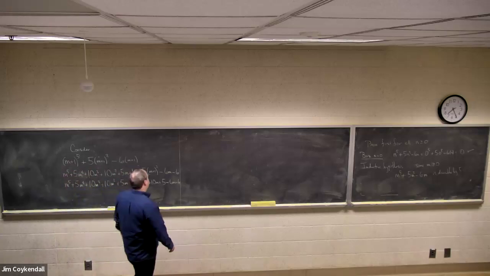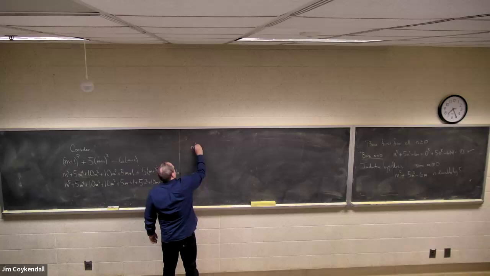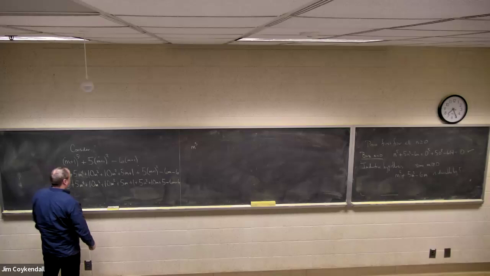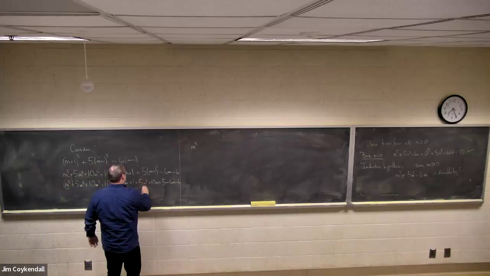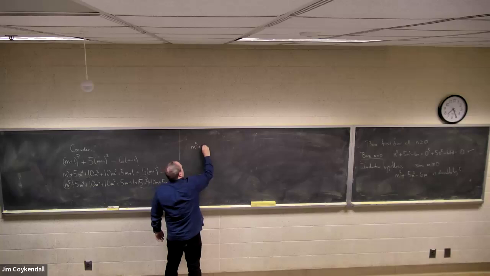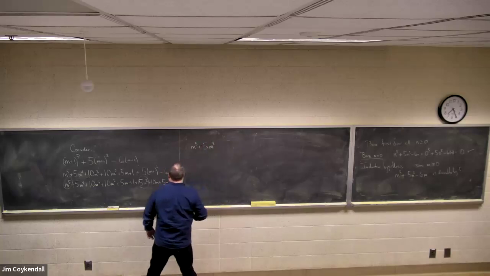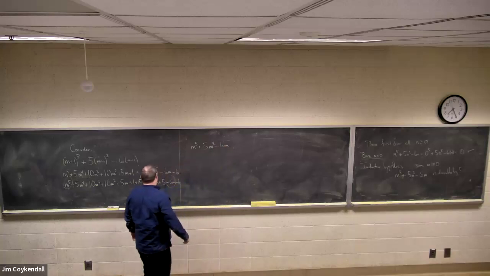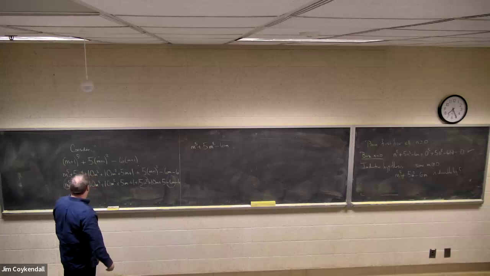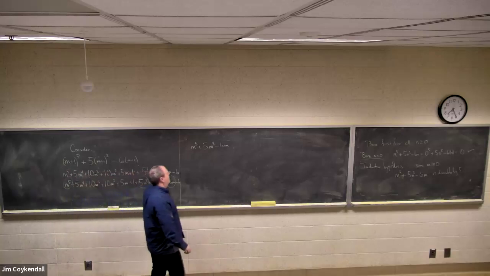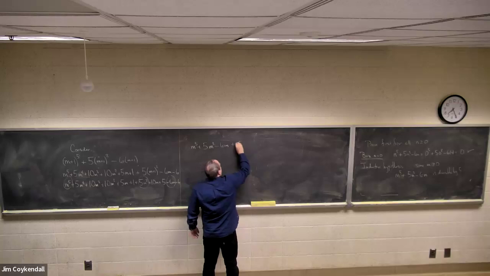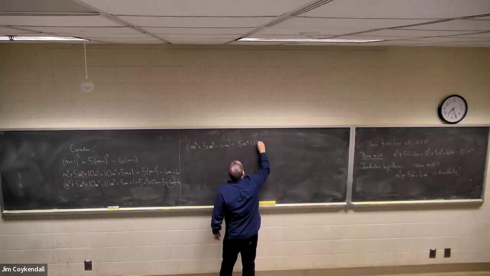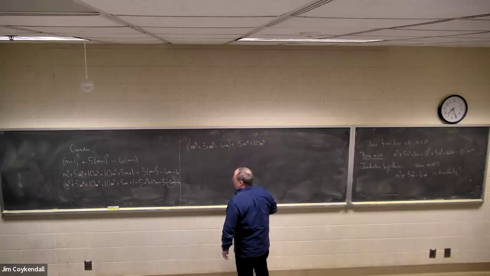Let me move some stuff. I've got a new 5, and I've got 5m squared, and a minus 6m. Now I'm going to put the rest of the stuff here. I've got 5m, and it's 10m squared.